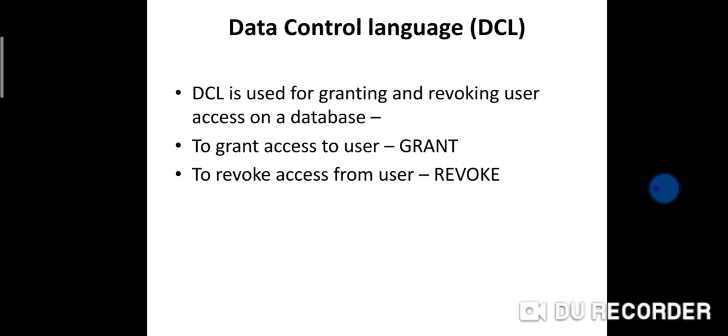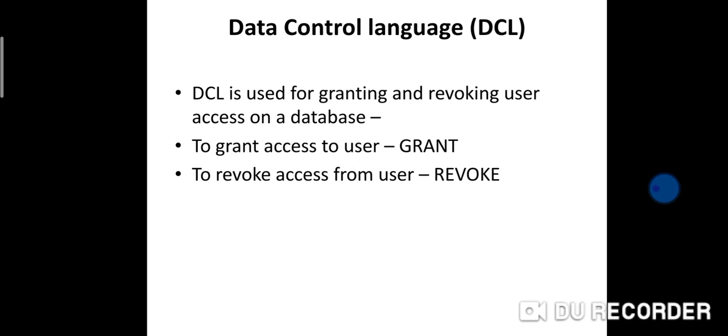The privileges are of two types, system and object. System includes permission for creating sessions, tables etc. and all other system privileges. Then object includes permission for any command or query to perform any operation on the database tables.